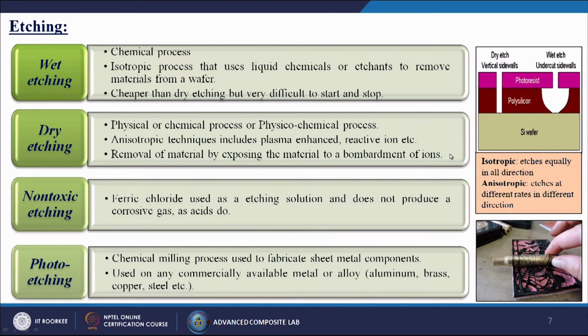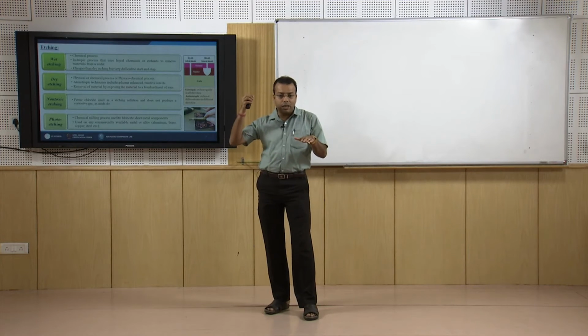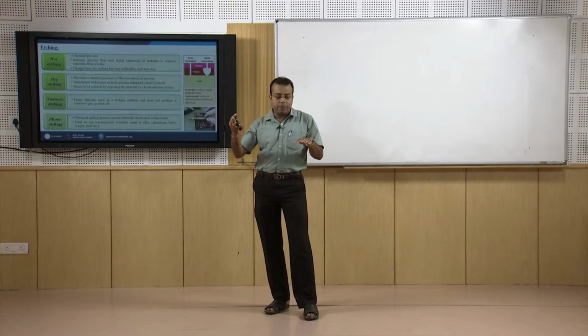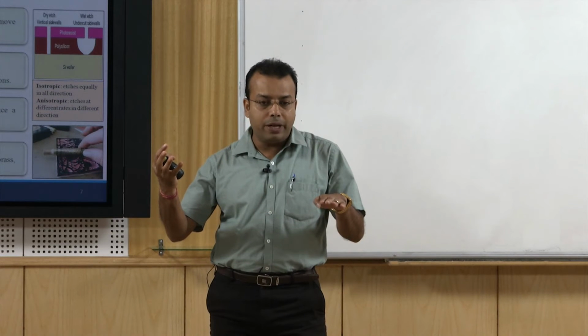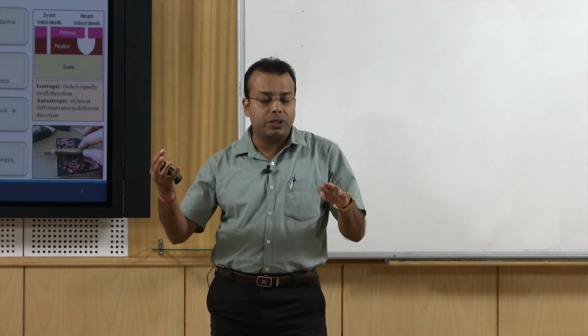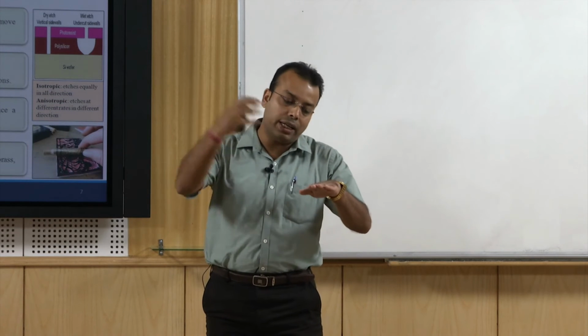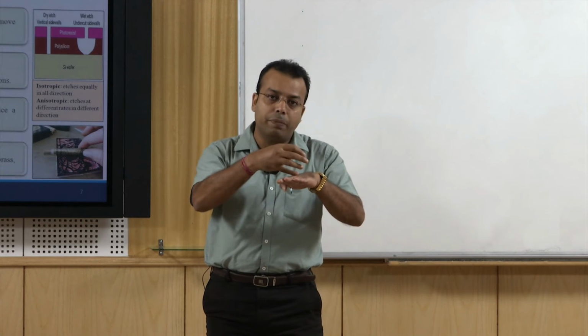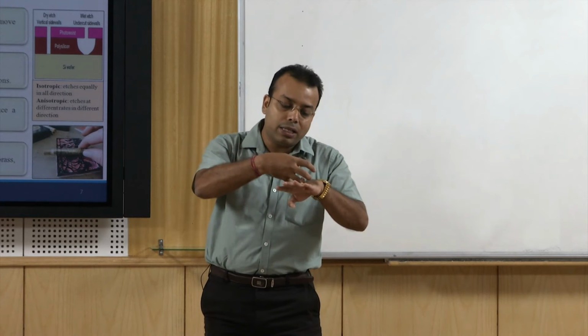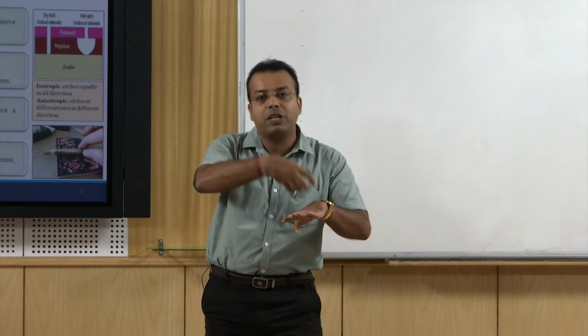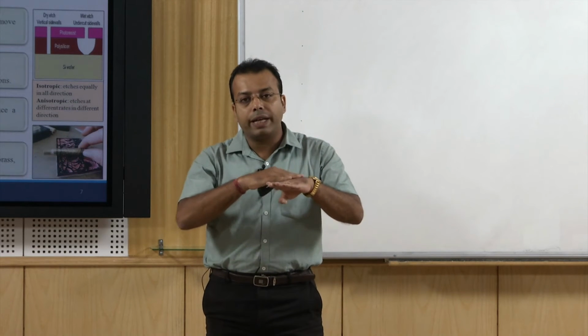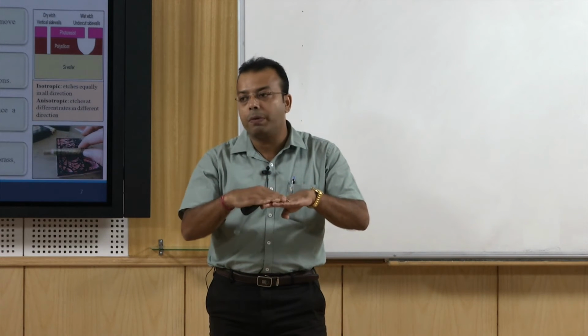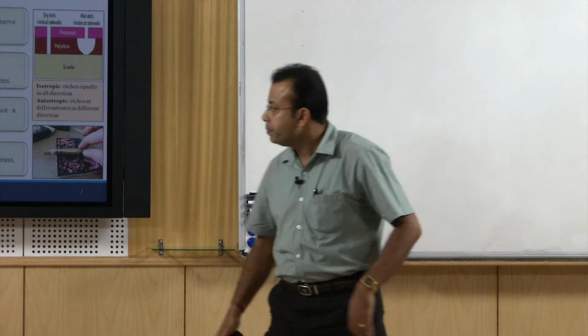Here we are using some kind of electron gun or ion implantation type of bombardment, where the ions come directly and react with the surface of that particular material. By that, some portions of the material go out, so that you get a virgin or newer surface.